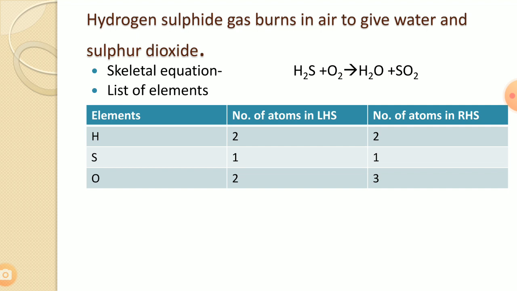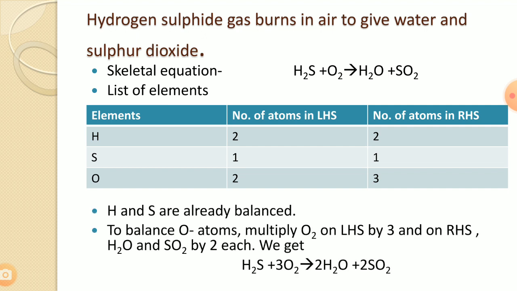Now this is the third example. Hydrogen sulfide gas burns in air to give water and sulfur dioxide. First of all, we'll write the skeletal equation and then we'll make the list, and we found that hydrogen and sulfur are already balanced. So to balance oxygen atoms, we multiply O2 by 3 on left hand side and H2O and SO2 by 2 on right hand side, and we get equation like this: H2S plus 3O2 gives 2H2O plus 2SO2.